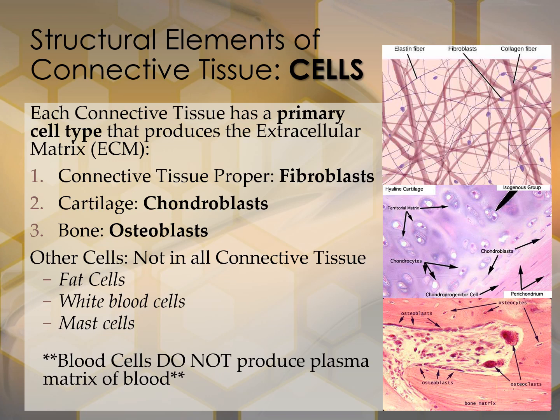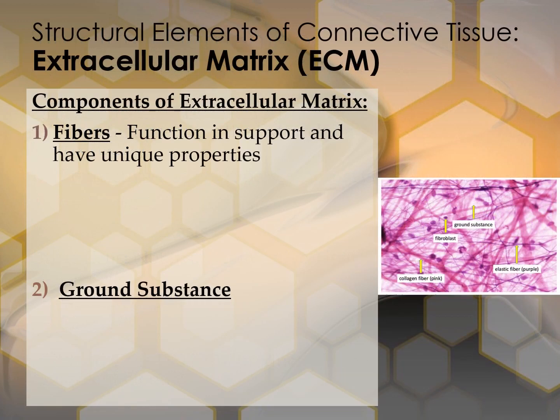And when we talk about blood, yes, we have blood cells within the blood, but they do not produce the plasma, which is kind of a liquid extracellular matrix, right? That's the fluid of the blood. So again, it doesn't follow the rule here, but it does come from that mesenchymal tissue.